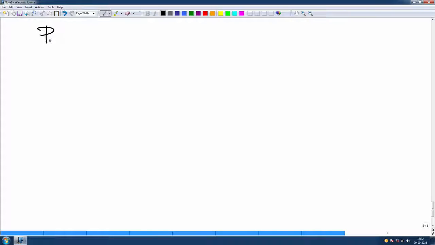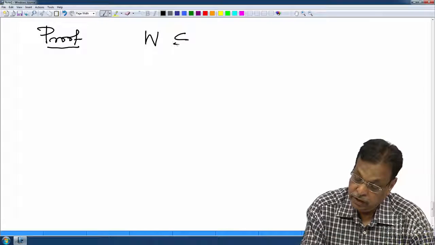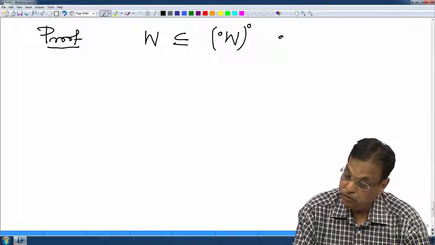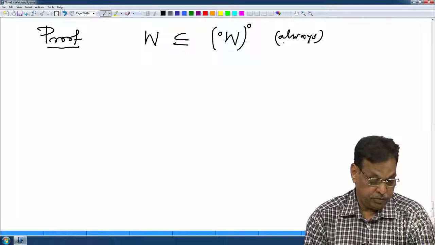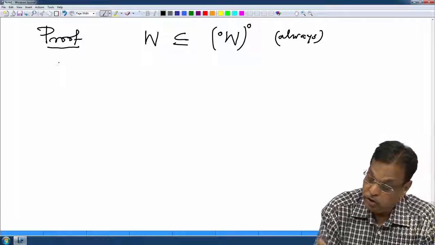Proof. As I said, W is contained in left circle W, right circle, this is always true without finite dimensional assumption. Therefore, I want to show the equality, so I will show the other inclusion.